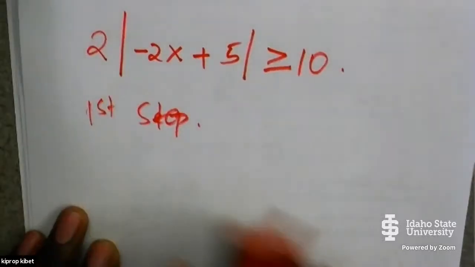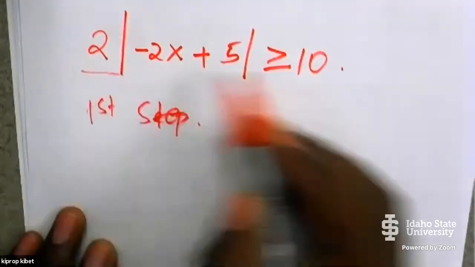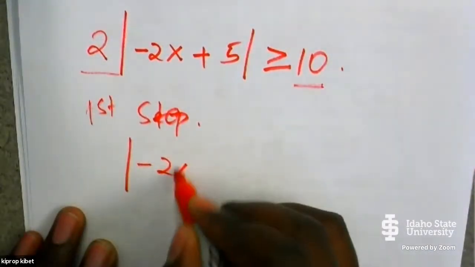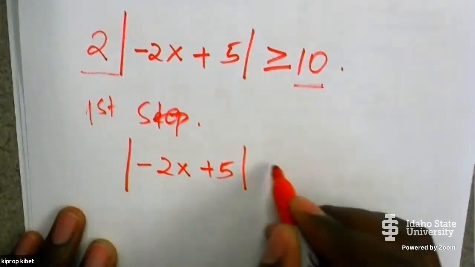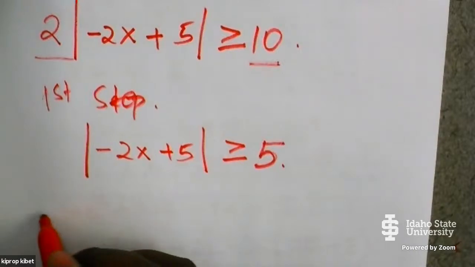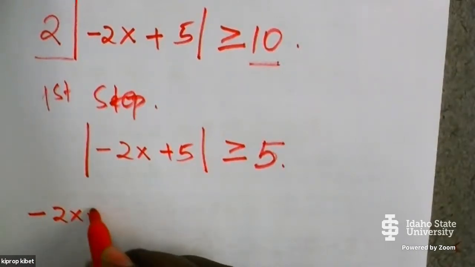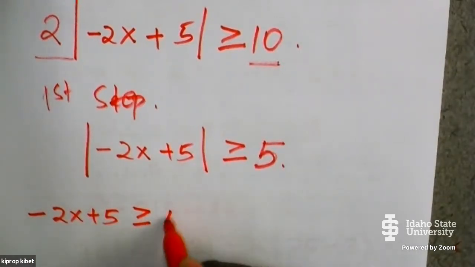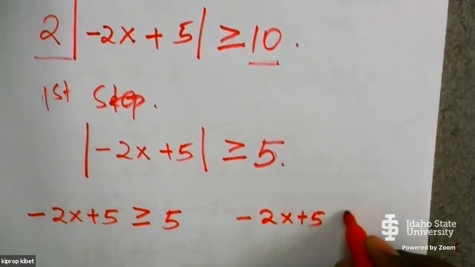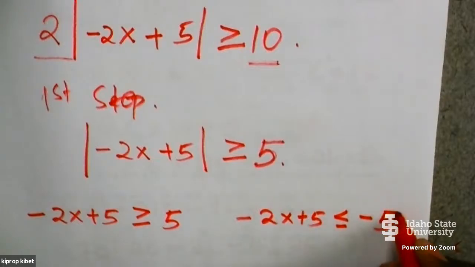So first you divide by 2. So you get the absolute value of minus 2x plus 5 greater or equals to 5. Then, because this one is absolute value, it should be minus 2x plus 5 greater or equals to 5, or minus 2x plus 5 less or equals to minus 5.